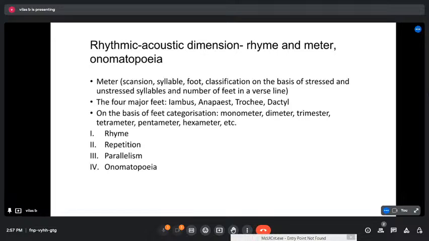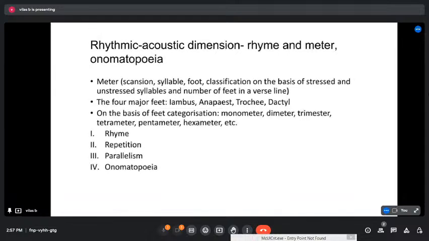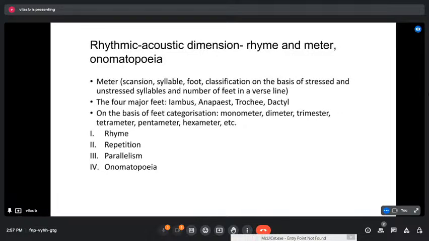Iambus means one unstressed syllable followed by a stressed syllable. It is a group of 2 syllables, and that is the pattern we find.